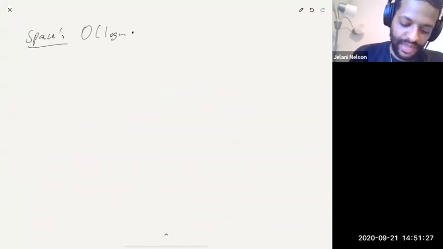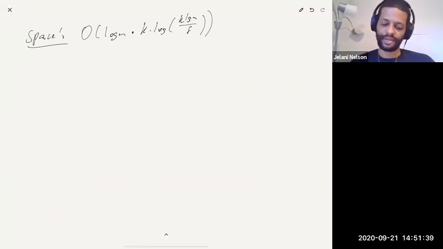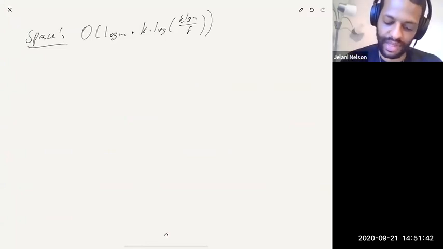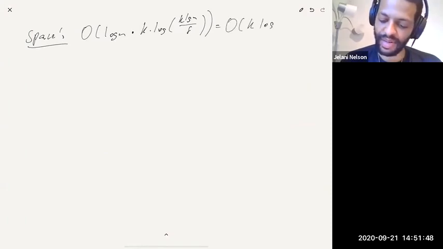Each one is a Count-Min sketch with failure probability delta over K log n. So the space for that is K times log of K log n over delta. Which is always at most, let's say, K log squared n anyway.